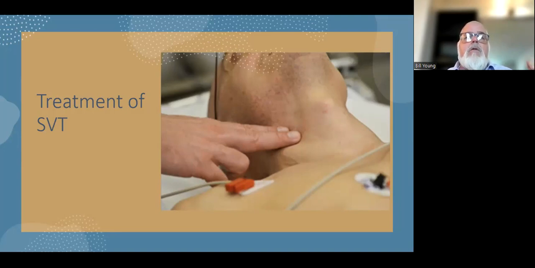I would tell you that vagal maneuvers are not really effective if the precipitating cause of the SVT is medication or drug related. So if your patient is having lots of energy drinks, maybe they've had too much caffeine, maybe they're taking a medication that would speed up, like diet pills.